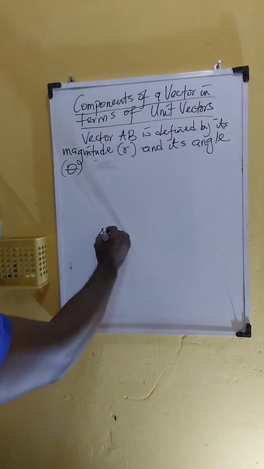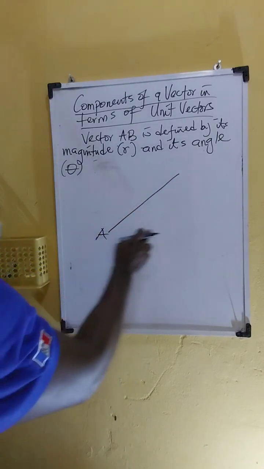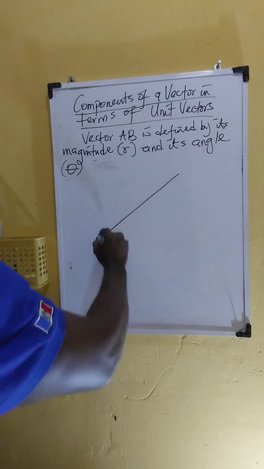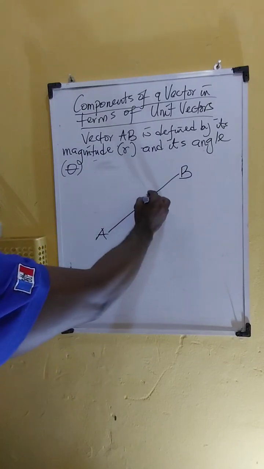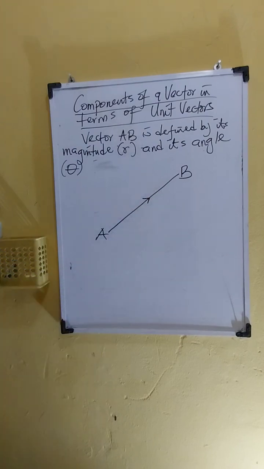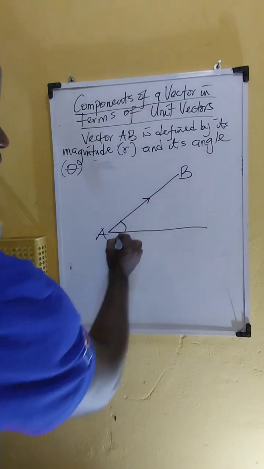So that means the vector is moving somehow like this. It is not moving like this. This is how the vector AB is moving. It has an angle. This is the angle.